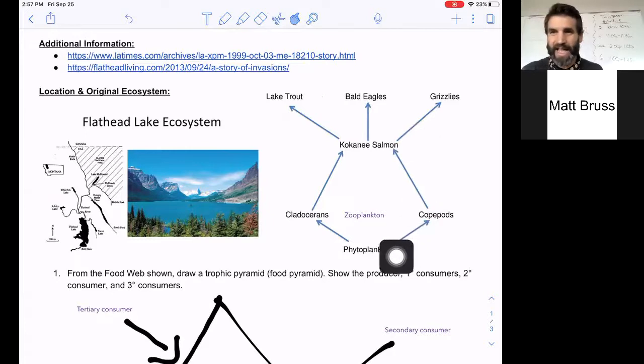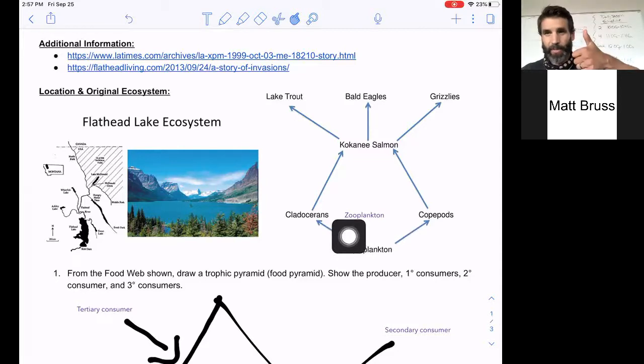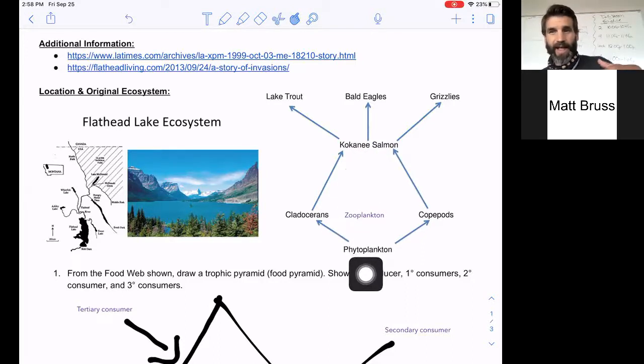Some students then said, well, I would increase the phytoplankton. They were thinking that you increase the phytoplankton, which would increase the zooplankton, which would increase the food source for the salmon. And we talked about how that might actually have worked. You can do that by pumping nitrogen and phosphorus into the lake because those are the limiting elements for the growth of phytoplankton.